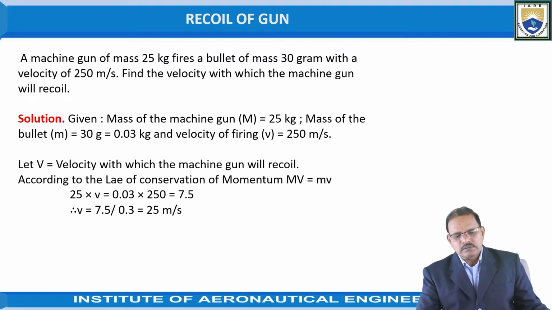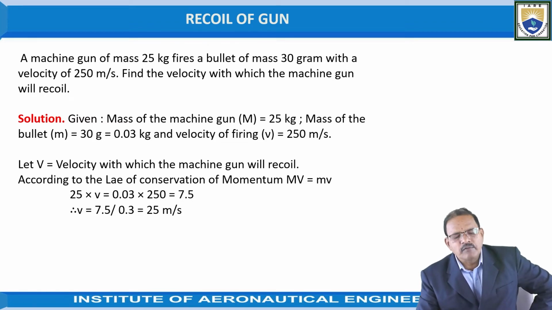Based on recoil of the gun, we are taking two problems now. A machine gun of mass 25 kg fires a bullet of mass 30 grams with a velocity of 250 meters per second. Find the velocity with which the machine gun will recoil.